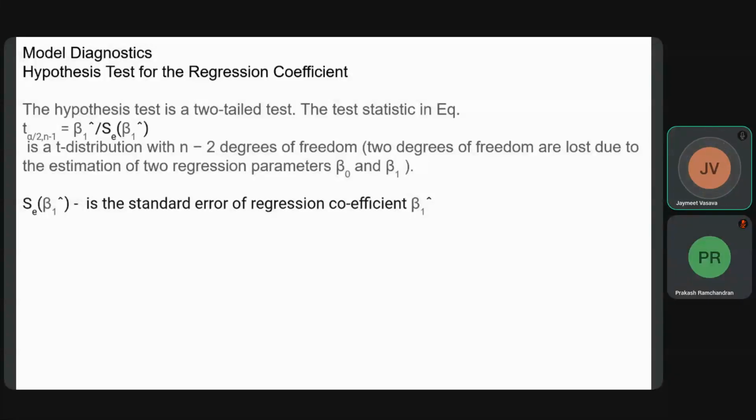As mentioned, the t-test will be the two-tailed test, which follows a t distribution with n minus 2 degrees of freedom. You can see why n minus 2, as we are estimating beta 0 and beta 1, which is a loss of degrees of freedom due to the estimation of it.